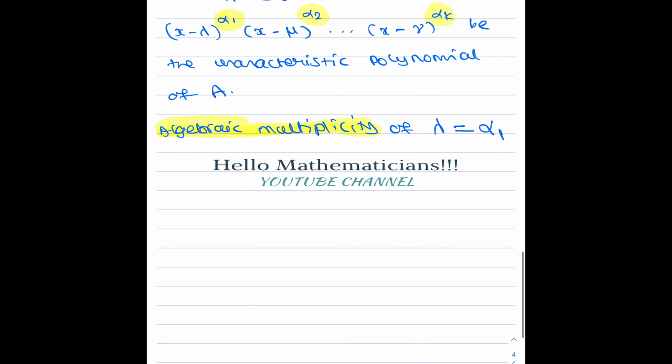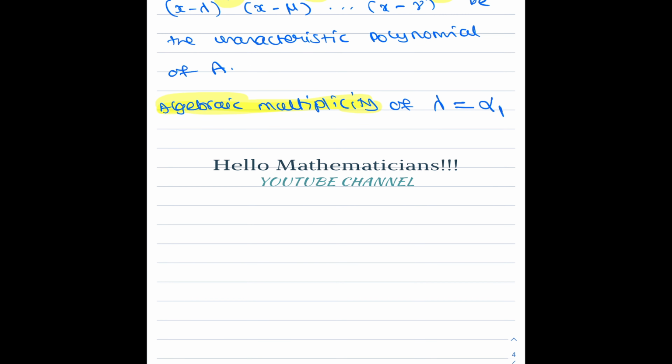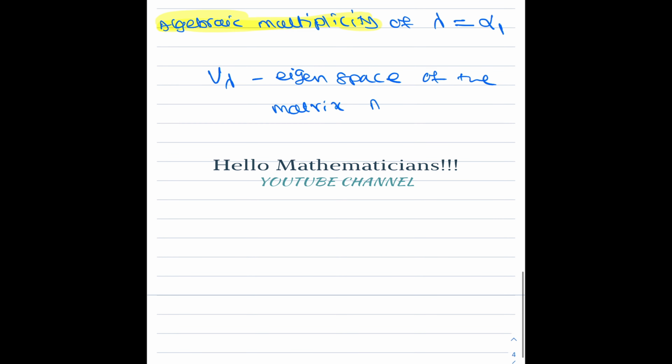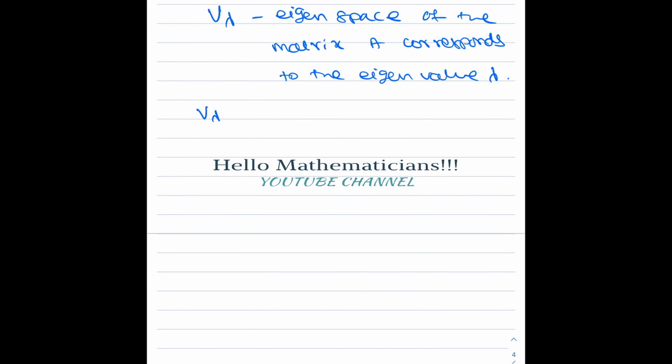Similarly, we define geometric multiplicity. To define geometric multiplicity, first we define V lambda. This is the eigenspace of the matrix A corresponding to the eigenvalue lambda. I take A to be an n by n real matrix.